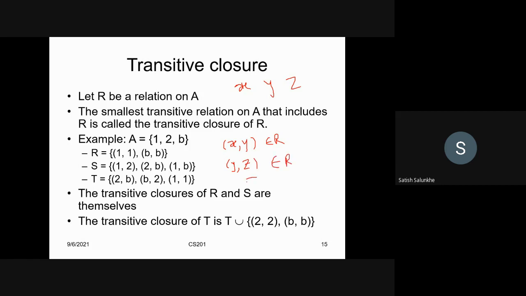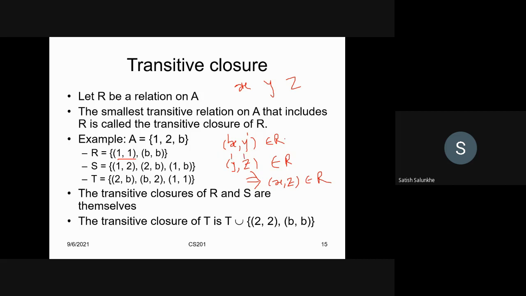And if you also have x comma z belonging to R, then we say the relation is transitive. So in this case, look at x comma y. We will treat x as 1, y as 1, and we will treat y as 1, z as 1.